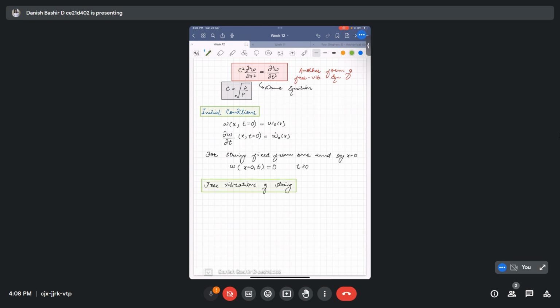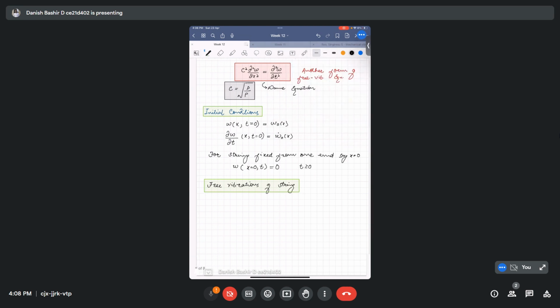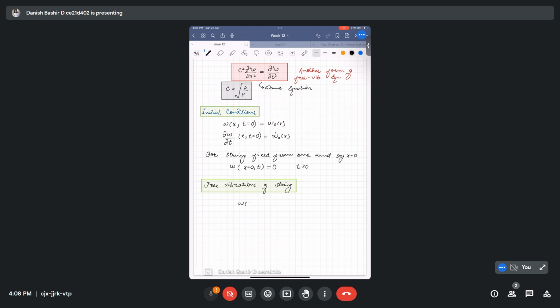Let's assume that the displacement of the string, w along space x and time t, we can separate into two independent parameters: w of x, which only depends on space and is constant through time, and T of t, which is constant through space but varies along time.